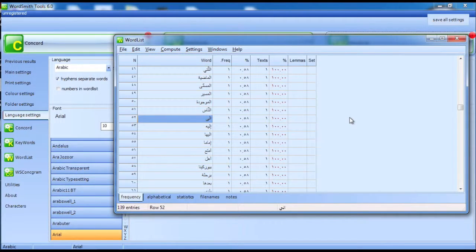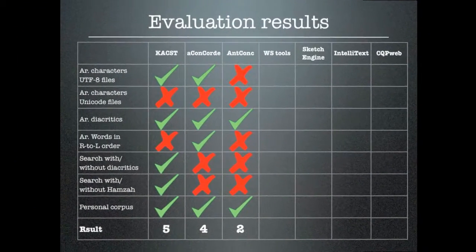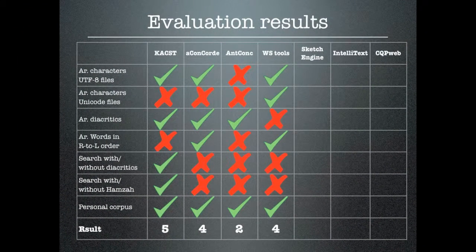And for the last criterion, we were able to open our own corpus. So WordSmith Tools has 4 points out of 7 in terms of our criteria for searching and analyzing Arabic Corpora.